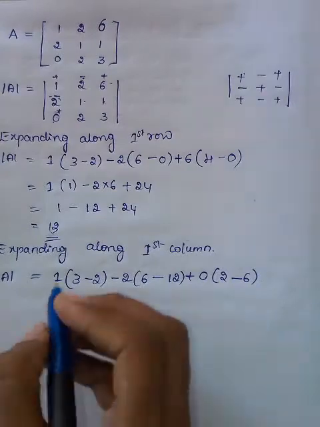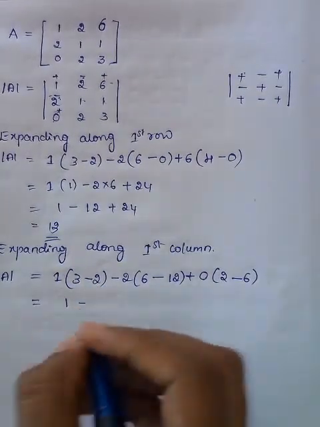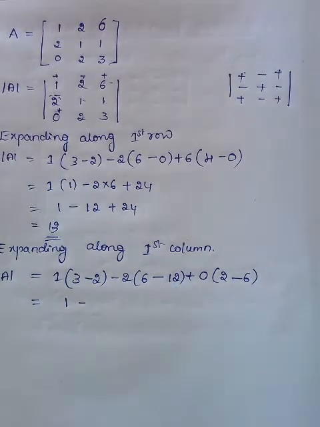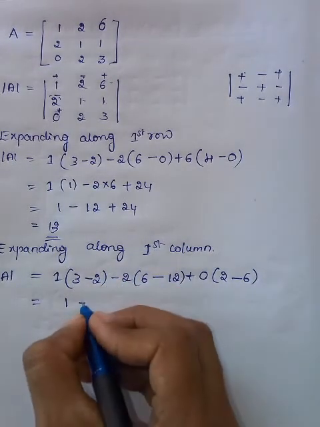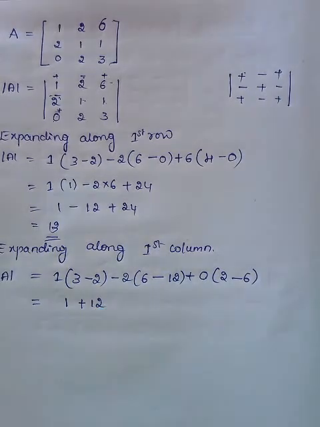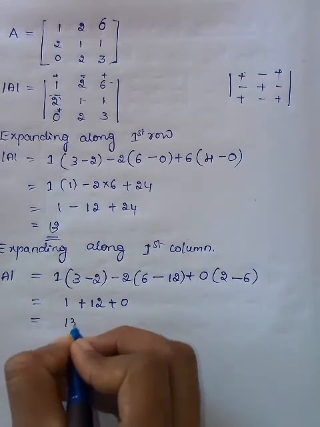Now simplify. 3 minus 2 is 1, minus 6 minus 12, minus into minus 2, that is plus 12, plus 0, which is equal to 30.